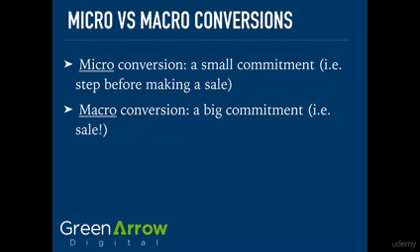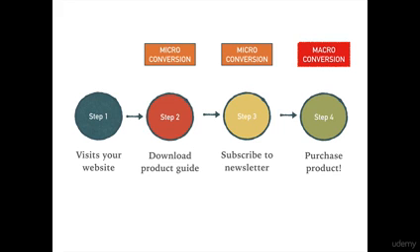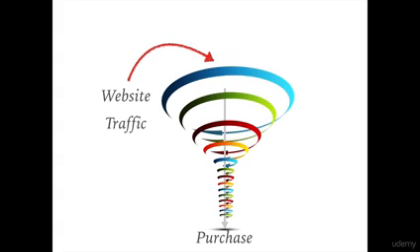Before they take out their wallet, they've put their hand up a little bit and expressed more interest in what you do, versus a macro conversion, which is your ultimate big conversion that you want, which is the big commitment or a sale. So I like to think of steps 2 and 3 as your micro conversions, but step 4 really being your macro conversion.